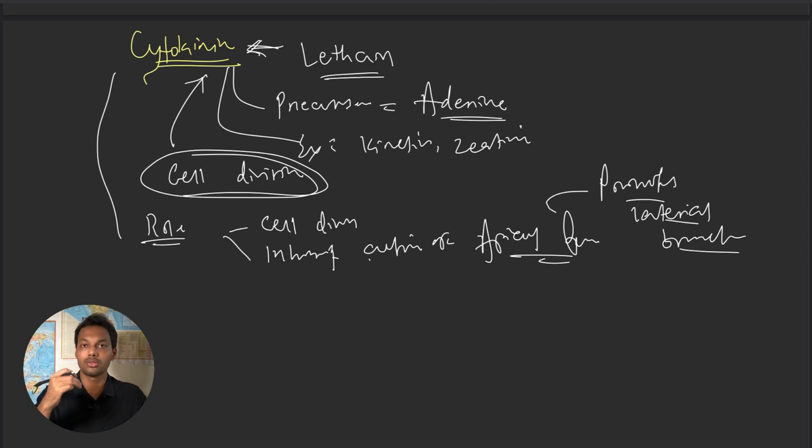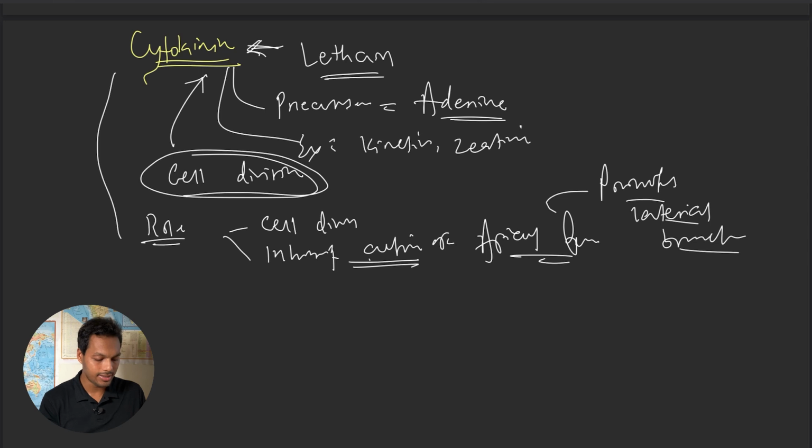If we remove the apical bud, in some cases there is promotion or elongation of lateral branches, due to apical dominance. Due to auxin there is apical dominance. When we block the apical meristem, then there will be lateral branches. So cytokinin counteracts the apical dominance of auxin and promotes lateral branches.